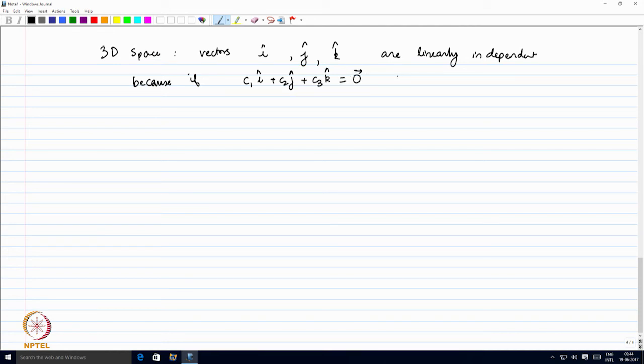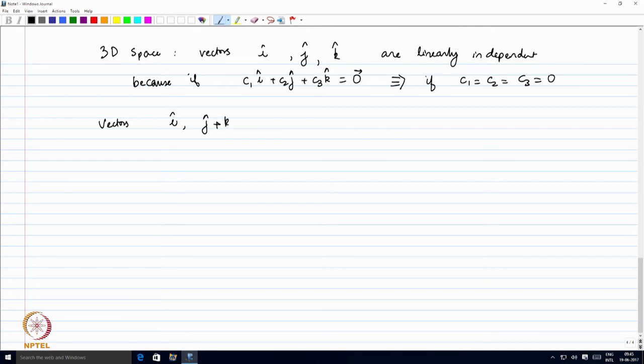Now, what would be an example of vectors that are linearly dependent? Take 3D vector space again. Let us take vectors i, j plus k, and 2 i plus j plus k. One vector is just i, the other is j plus k, and the third is 2 i plus j plus k.